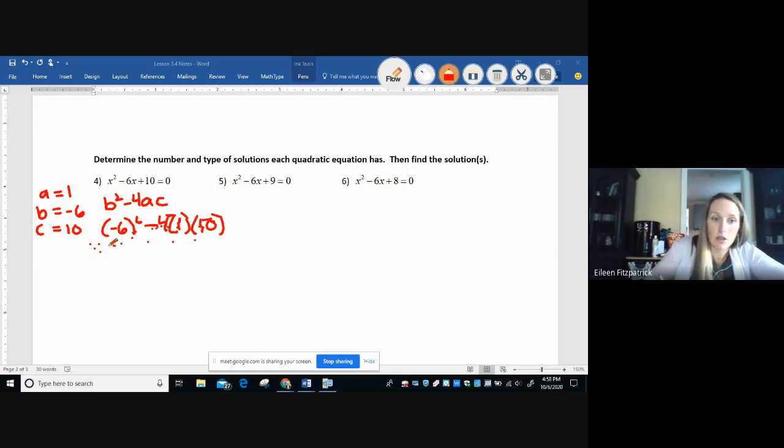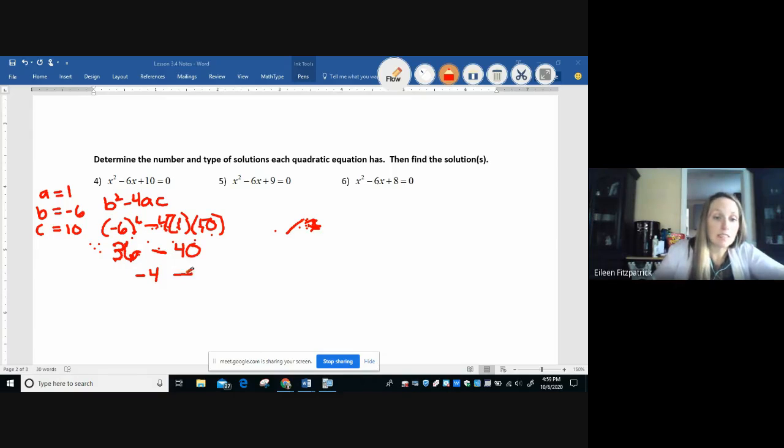So that's 36. And then a -4 times a 1 times a 10 is a -40. So 36 minus 40, you know it's going to be negative, right? It's going to be a -4.